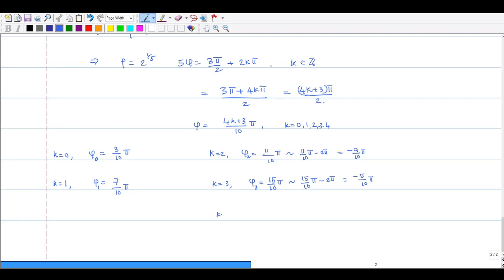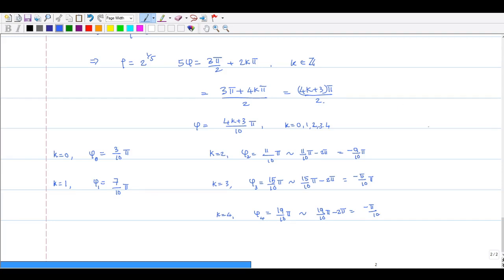So k equal to 4 போடும்போது 16 plus 3, 19, அப்போ 19 by 10 pi. Okay, so it is equivalent to 19 by 10 pi minus 2 pi, கழிச்சிட்டோம்னா 20 minus 19, minus 1 by 10 pi.